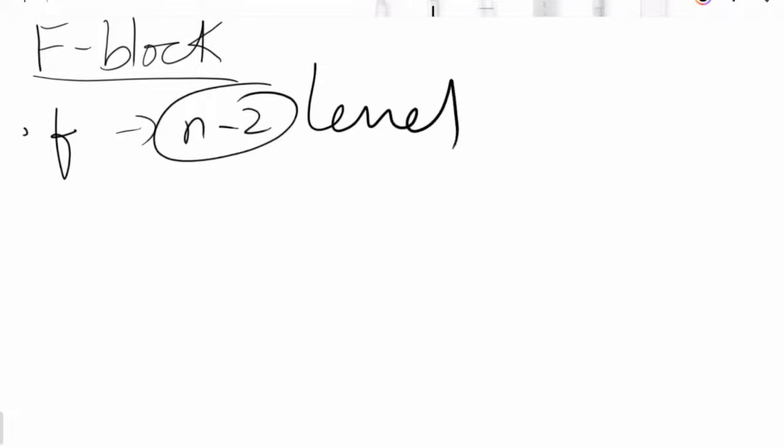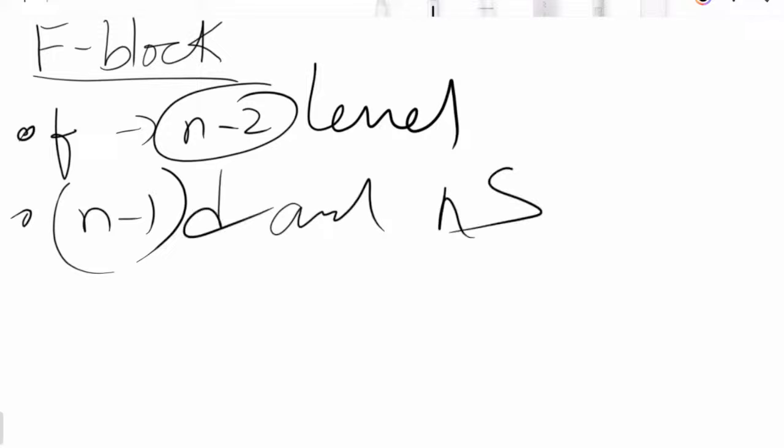The second thing is these are placed between (n-1) d and ns block elements. And their properties are similar to those of D block, so that's why the name is similar, inner transition elements, as the name suggests.